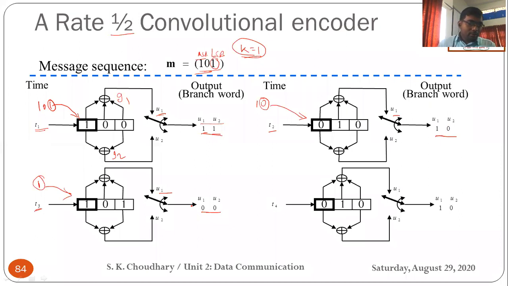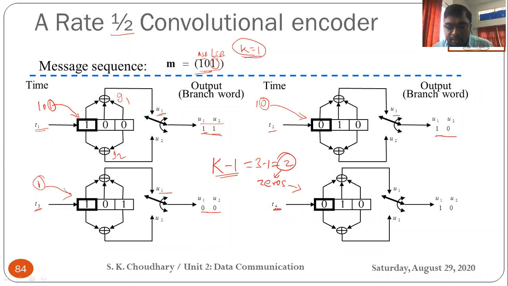But we also append flush bits so that the actual message 101 is flushed out from the shift register. For that purpose, we use capital K minus 1 zeros to be inputted to the shift register. Here capital K is 3, minus 1, so 2 zeros would be appended here.